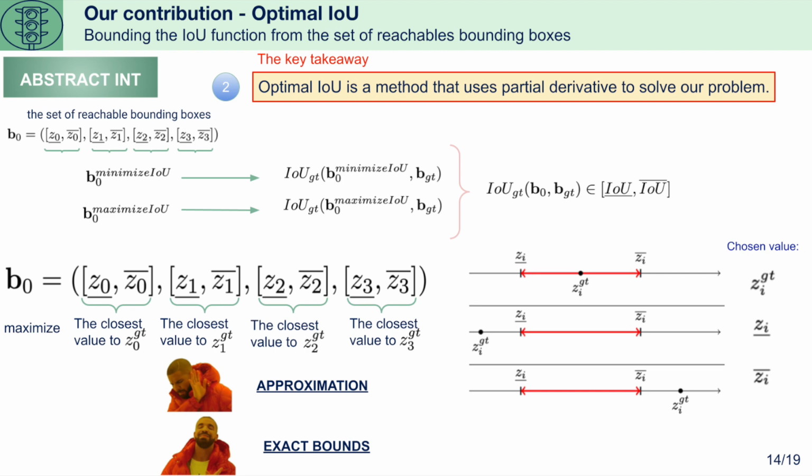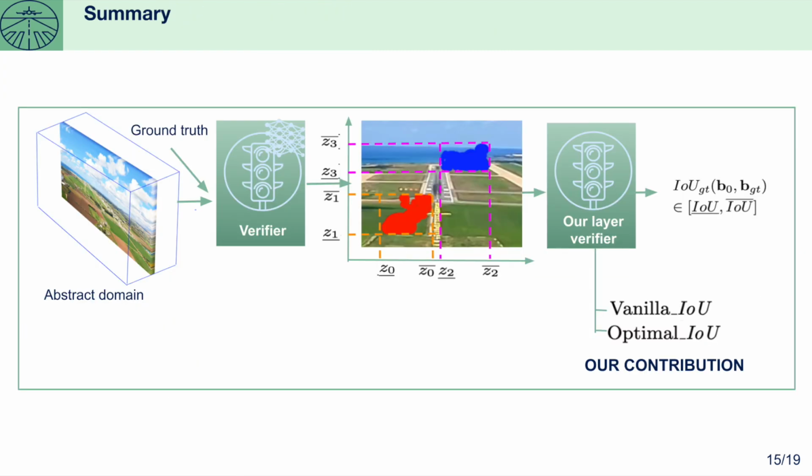With this strategy, we can obtain an exact IoU value for each bound. So to sum up, from an abstract domain and a ground truth, using abstract interpretation solvers, we obtain the set of reachable bounding boxes. And thanks to our contribution with vanilla and optimal, we can effectively bound the IoU.